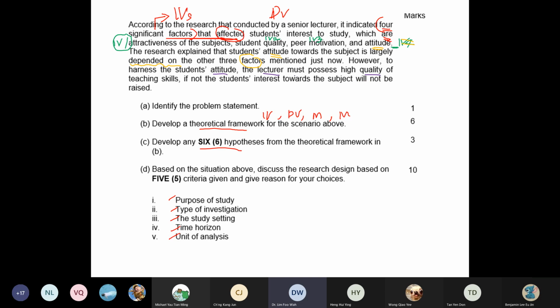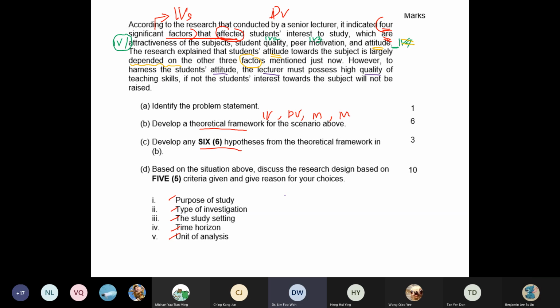If not, student interest toward the subject will not be raised. So we know from these sentences that it is going to influence the relationship between attitude and student interest to study.